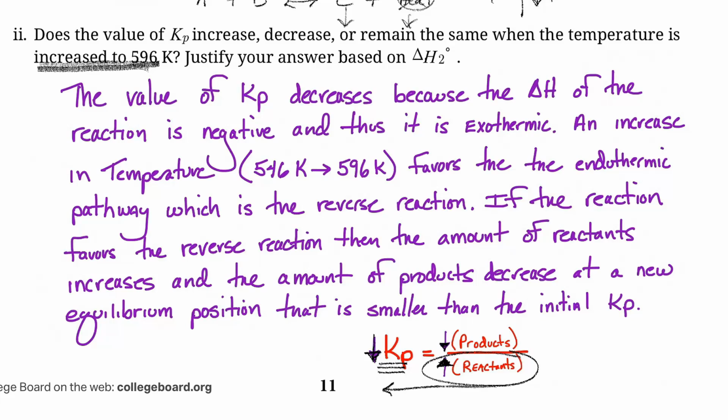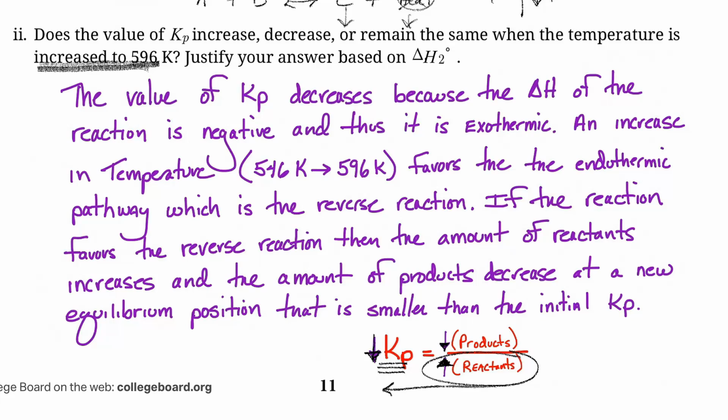And the reason why is because this reaction is going to shift or move in a direction that favors the endothermic pathway. It was established that they gave us a negative value. Anyway, that's what I said here. So it favors the endothermic pathway, which is the reverse reaction. If the reaction favors the reverse reaction, the amount of reactants increases and the amount of products decreases to a new equilibrium position.